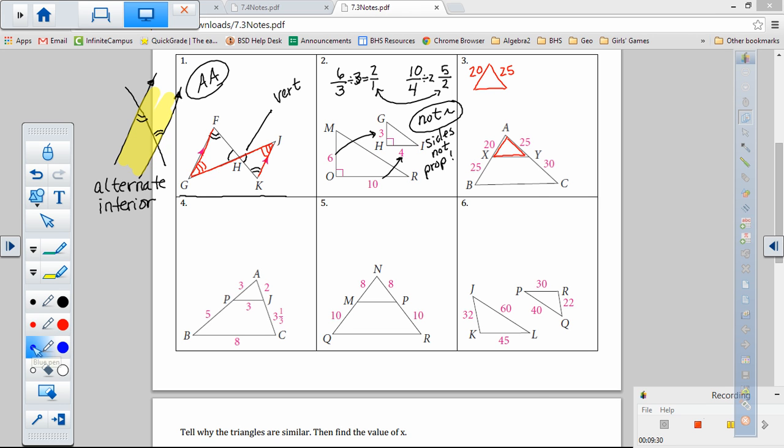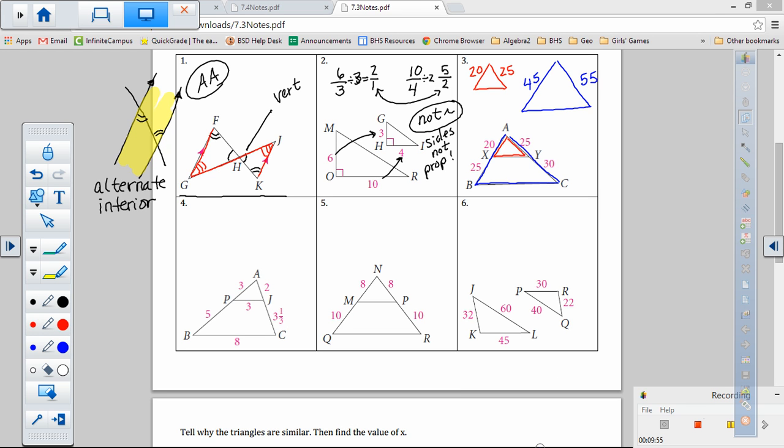And then we also have the large triangle, and then you need to figure out how much is this total side. If this is 20 and this is 25, right? So you have to add it together. And so the bigger triangle is 45, and this side is 25 plus 30, or 55.